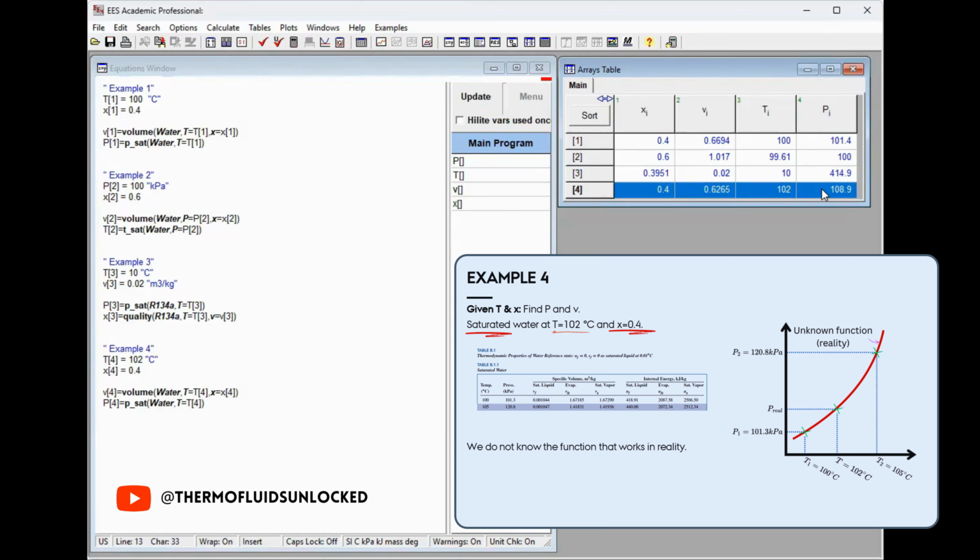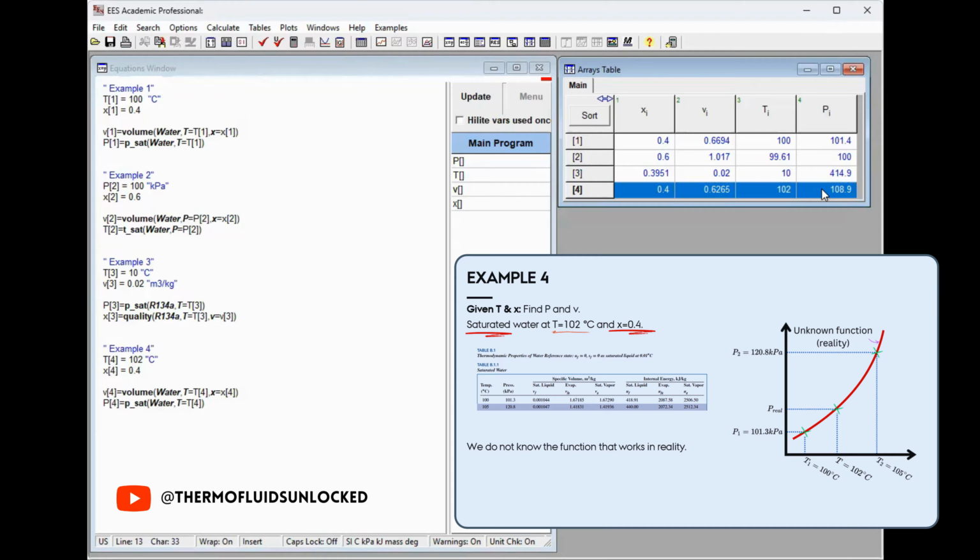So for example, in Sontag book, if we look at this table, which corresponds to saturated water, we don't have the entry for 102 degrees Celsius. We have it for 100 and 105.